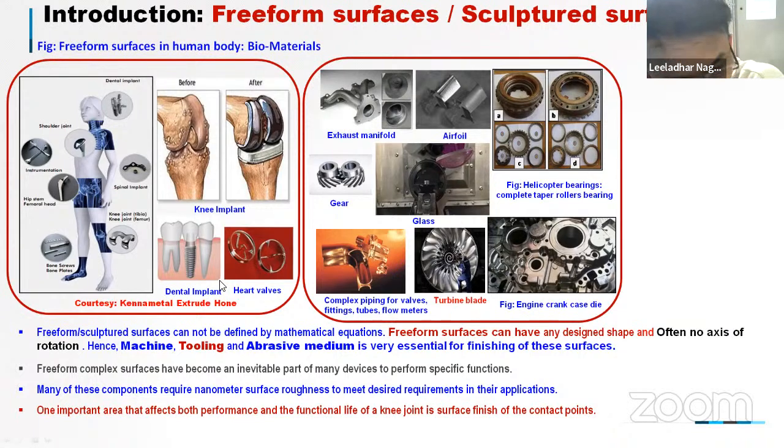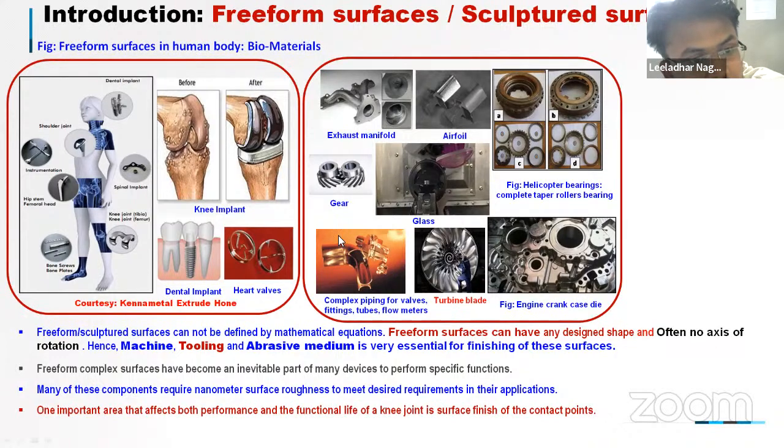The definition of a freeform surface is that it cannot be defined by mathematical equations. A freeform surface can have any design or shape, and often no axis of rotation. That's why machines, tooling, and abrasive medium are essential for finishing these surfaces.